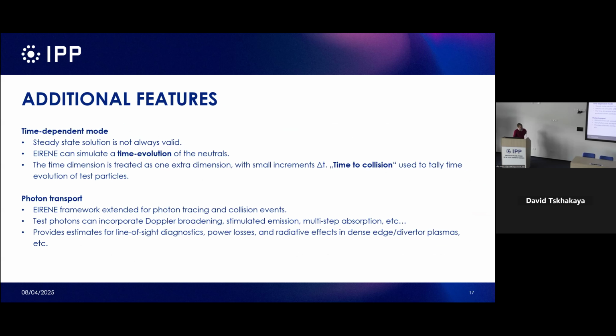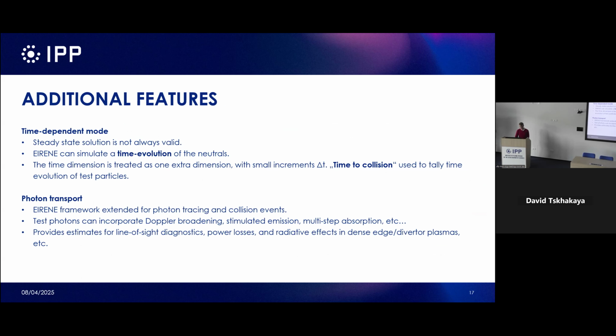Yeah, there are some features I didn't really talk about that IRENE has. For example, a time-dependent mode in cases where a steady state solution is not sufficient, for example, in tokamaks with ELMs or some short duration processes.